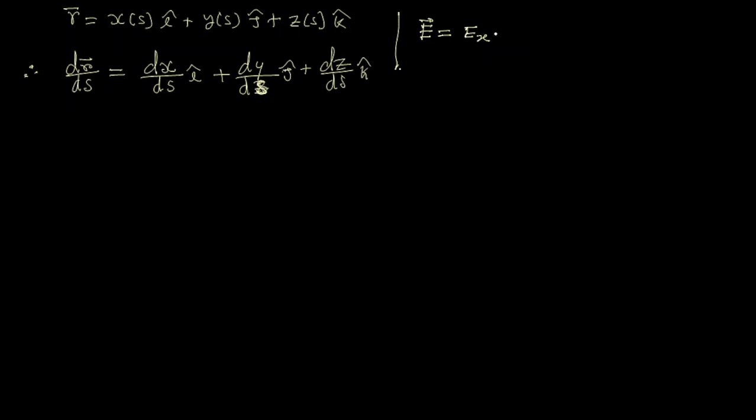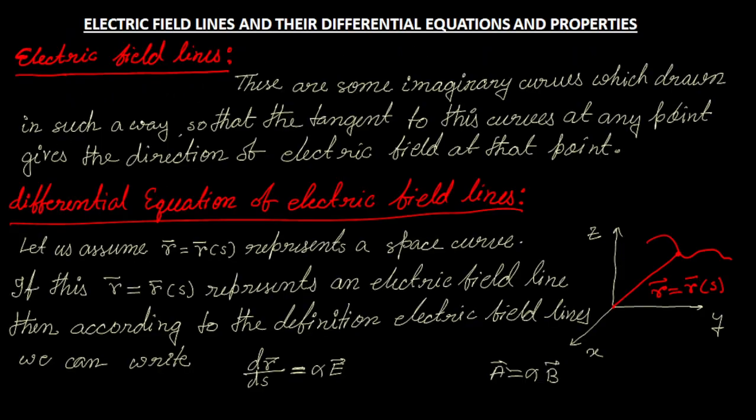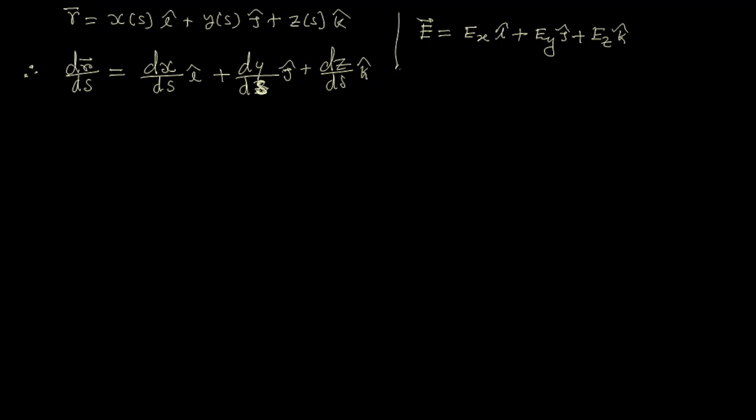So we can write E vector equals Ex i cap, plus Ey j cap, plus Ez k cap. So now if we put the value of this tangent vector and the value of this electric field in the above equation, then what we'll get is dr divided by ds equals alpha times E vector.